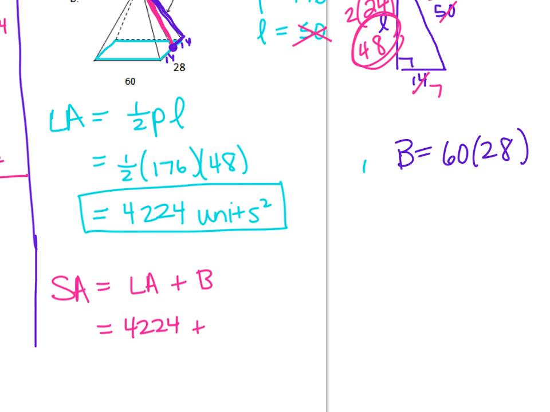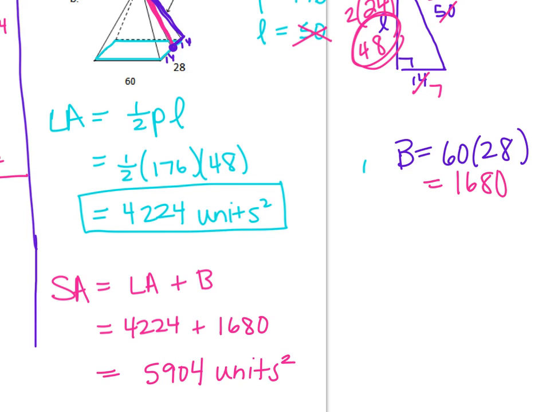So 60 times 28 is 1,680, so that's the area of our base. And now we just add these together to get our total surface area of 5,904 units squared.